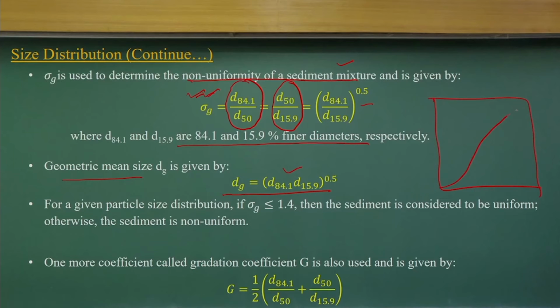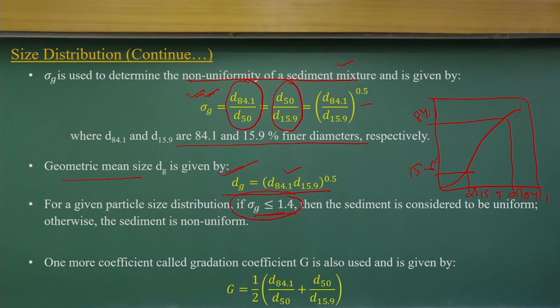You have a particle size distribution, and for the 15.9% finer you can get D15.9. In a similar way for 84.1% you can get D84.1, and the square root of the product of these will give the geometric mean.